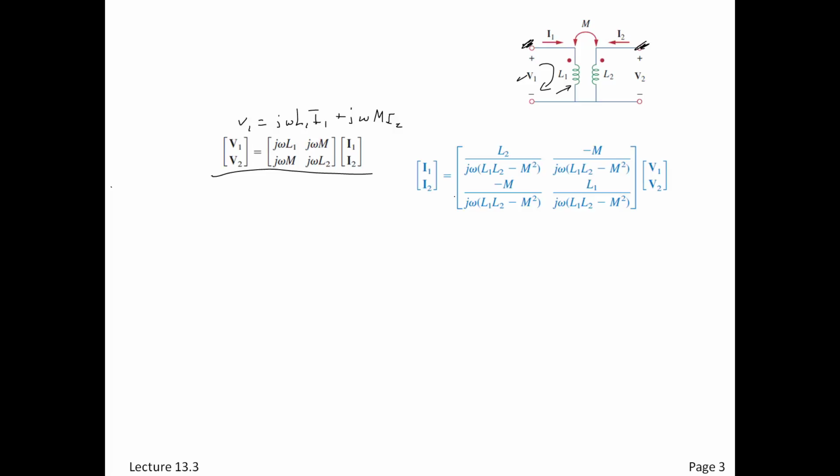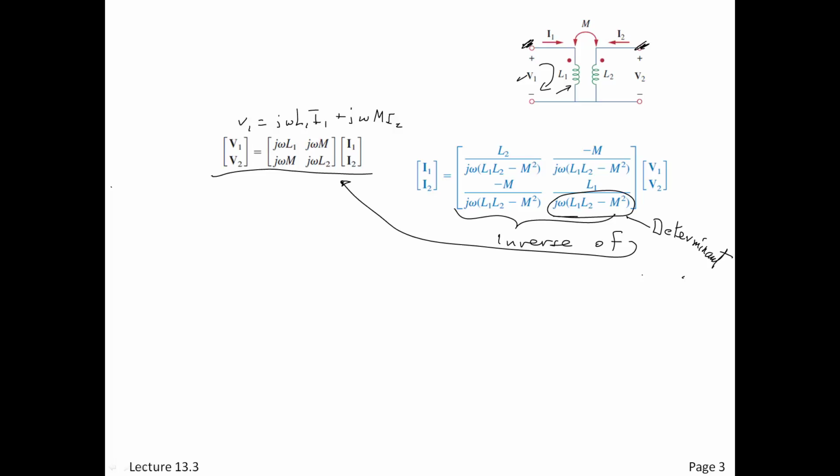It might also be handy to place them as I as a function of V. So this is, right, the inverse of this. Okay, and you remember inverse, you can recognize this term at the bottom, right here, is the determinant, in case you've forgotten.